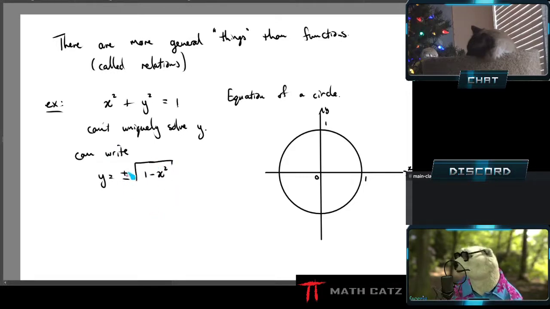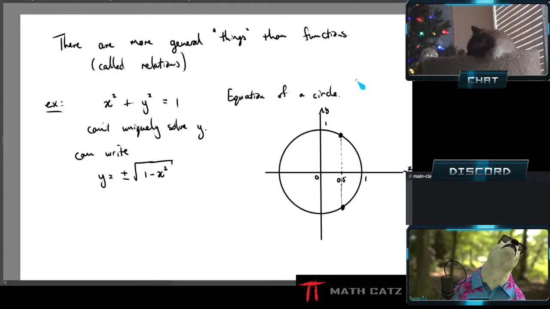But there are two things here. For example, if I pick 0.5, the y value that corresponds to 0.5 is not unique. There's a plus and there's a minus. And that is not a function.